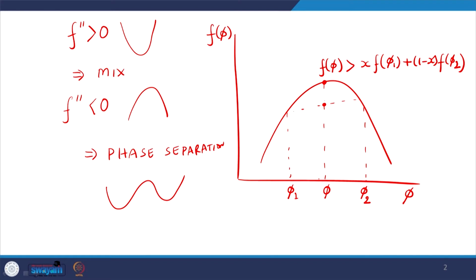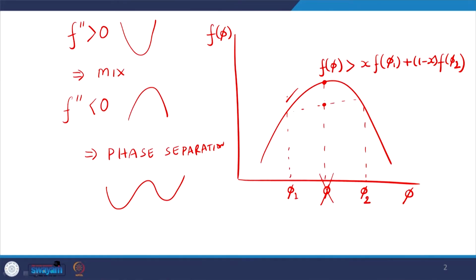So clearly this is not a possibility at equilibrium. So they will form two coexisting phases, which will have volume fractions phi A and phi B. Now the question is, what is that phi A and phi B? How will I find that?